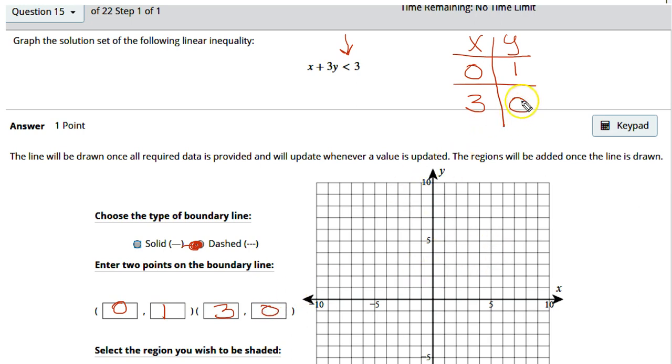And then our line would form. And let's form it here. 0, 1 is right there. And then here, this is 3, 0. So it's over 3 up like this here. So this is our dashed line here.